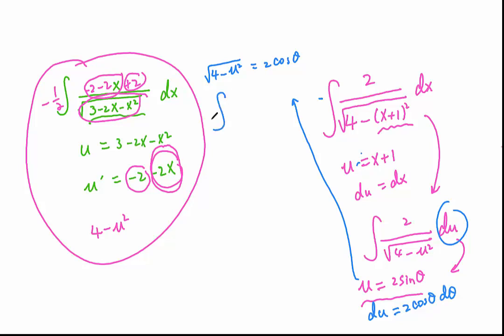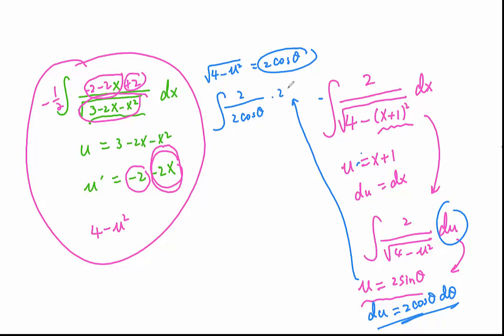That's going to be 2 over square root of 4 minus u squared, that is 2 cosine theta. Our du is 2 cosine theta d theta.